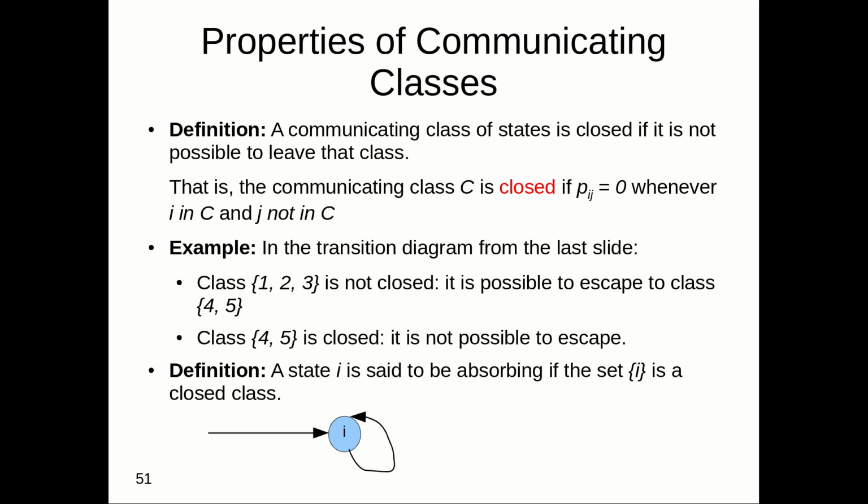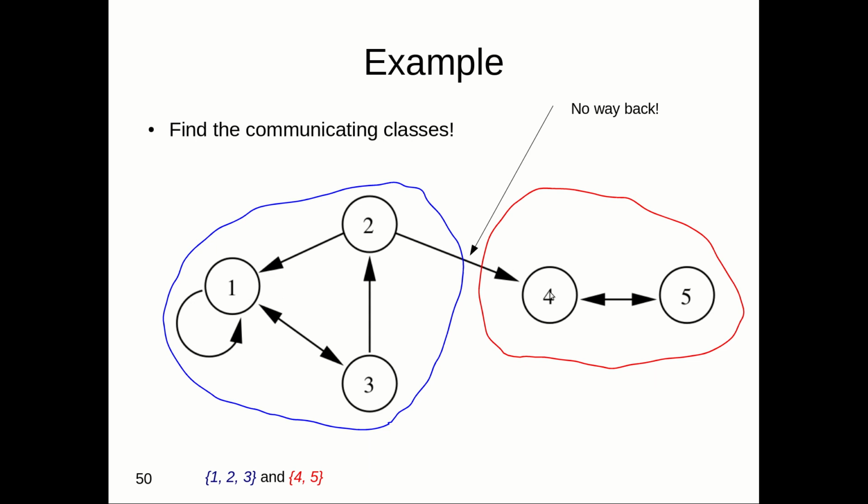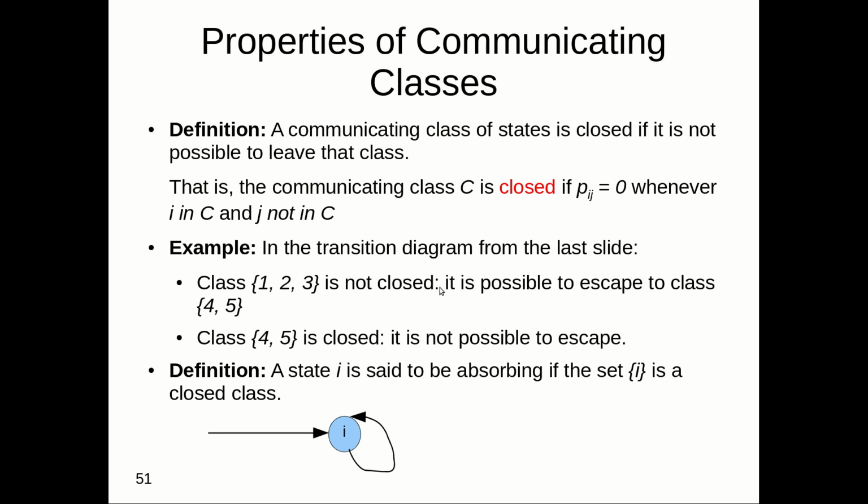That is, the communicating class C is closed if the transition probability P_ij equals 0 whenever i is in our communicating class C and the state j is not in our communicating class C. An example here in the transition diagram from the last slide: class 1, 2, 3, the first partition, is not closed because we can escape to the class 4, 5.